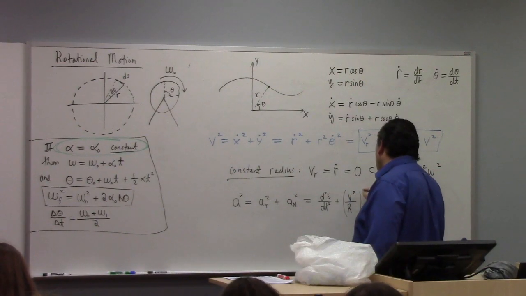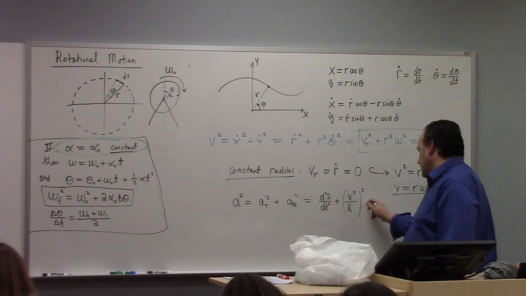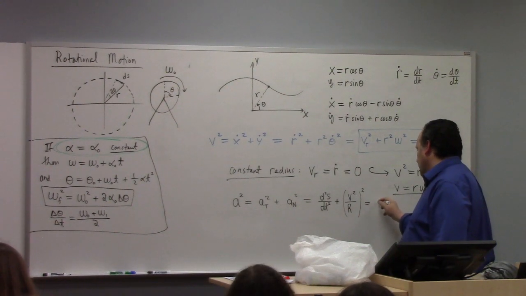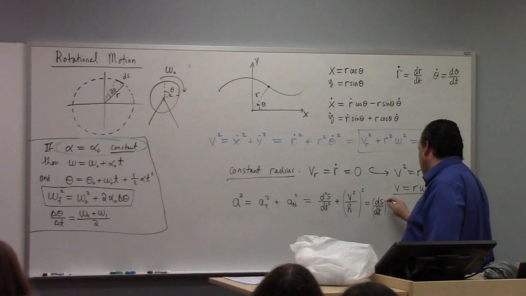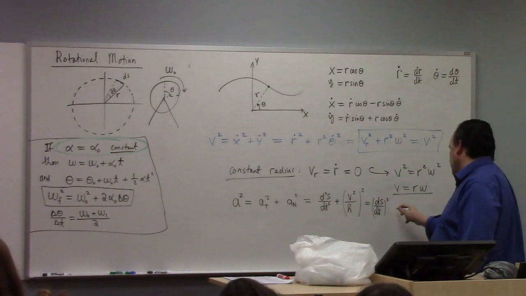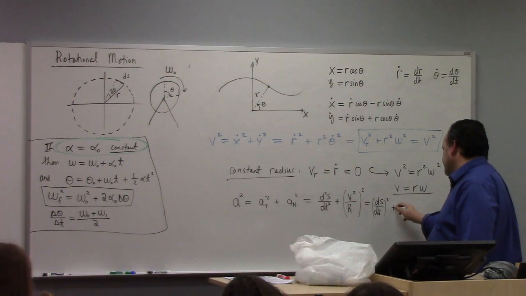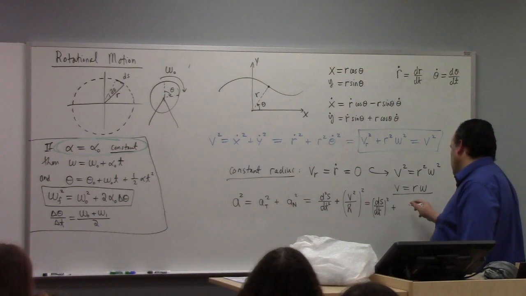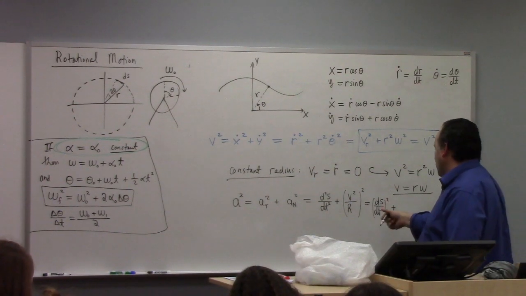But if we write that in terms of the angular velocity, what's the formula for acceleration then? How do I write v in terms of r omega here? I guess I should use little r at the moment.